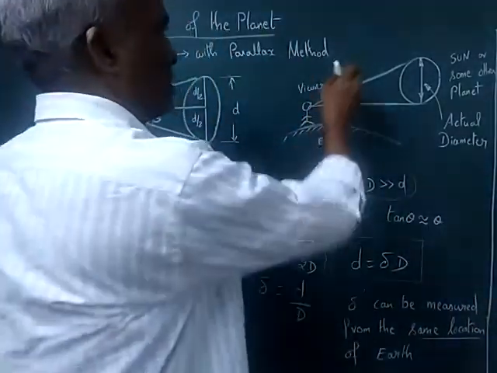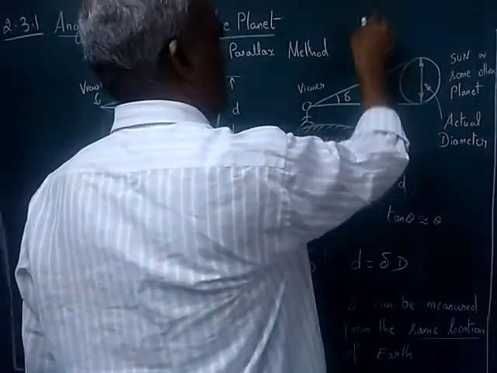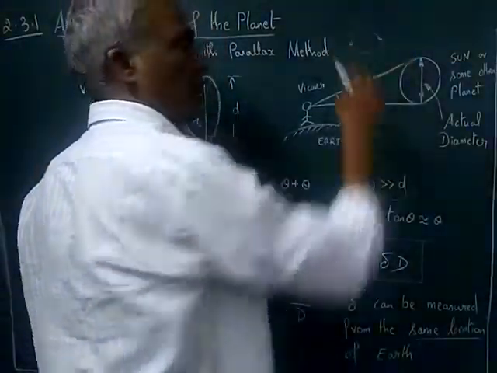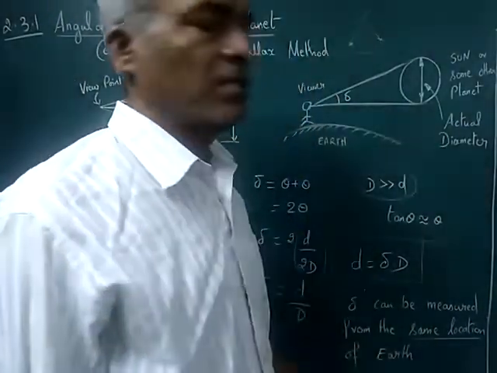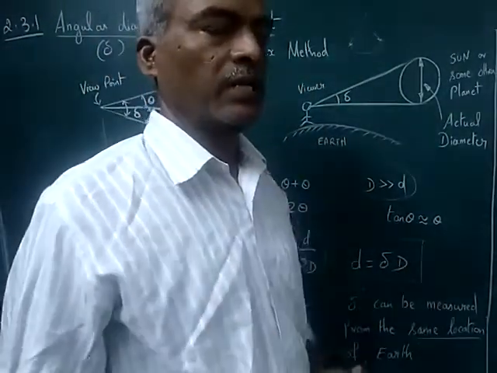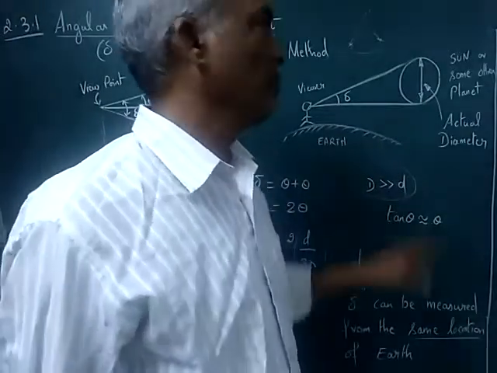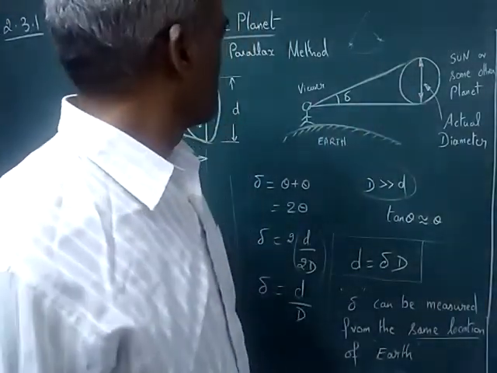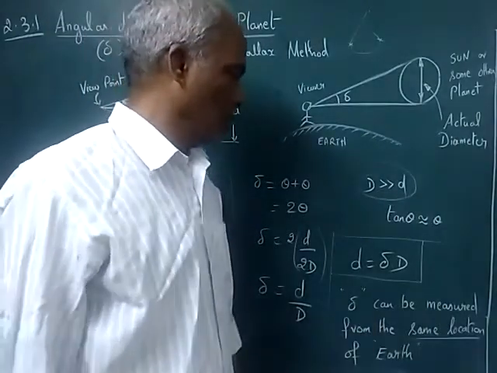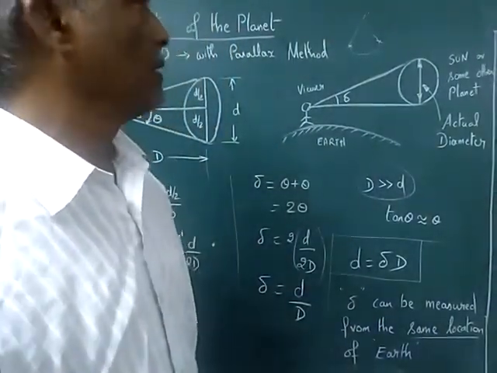That means this end and this end they used to take the angle. But in this case, you can take the reading at the same point itself and find out the del. So that is one advantage of this method.